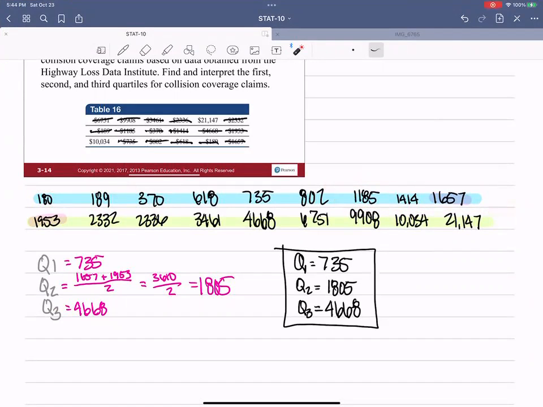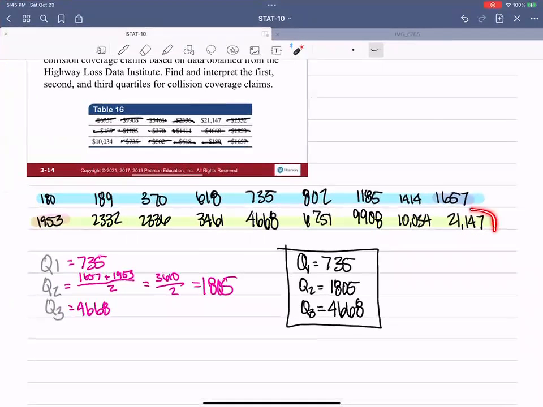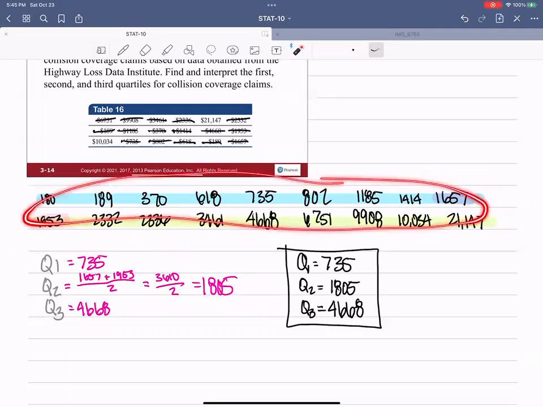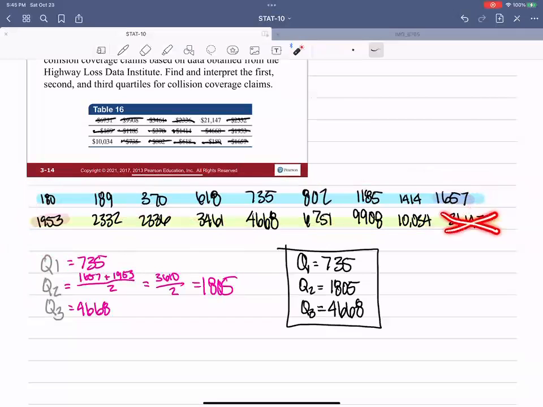Looking at the top half, we have 1,000. The numbers are slowly but surely going up. And then the very last one is this random $20,000 one. So $20,000 is not a good representation of the rest of the data set. It's way larger. Even 180 and those are pretty average for the bottom half of the data set, but this 20,000 is really not a good justification of what a normal person is going to pay for these claims.